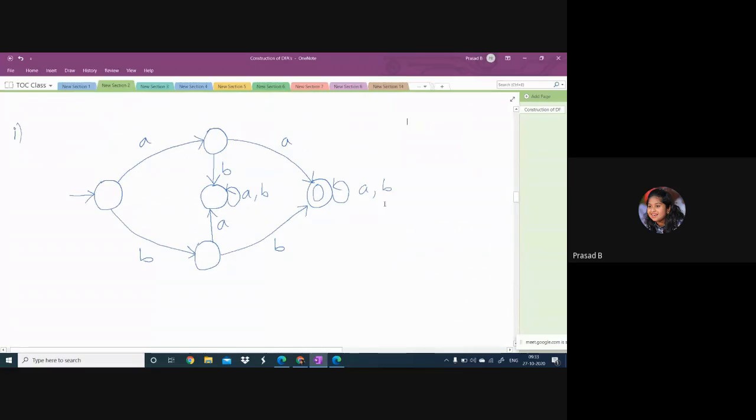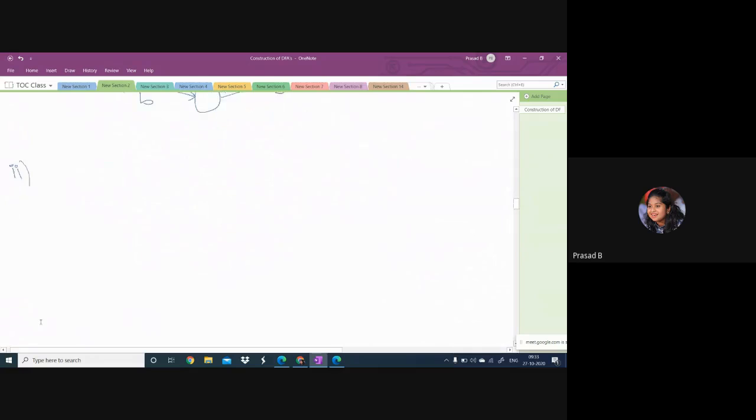Ending with AA or BB. Here the small strings are AA and BB.